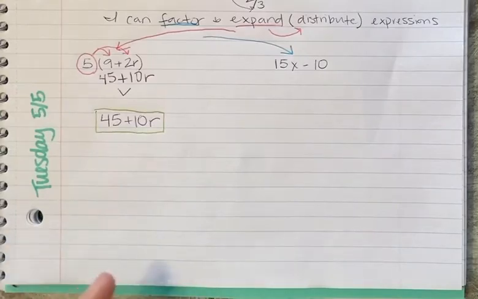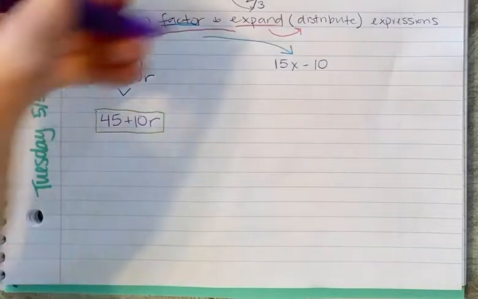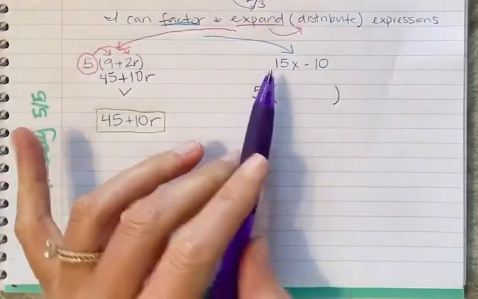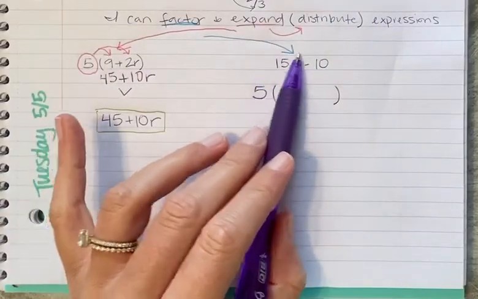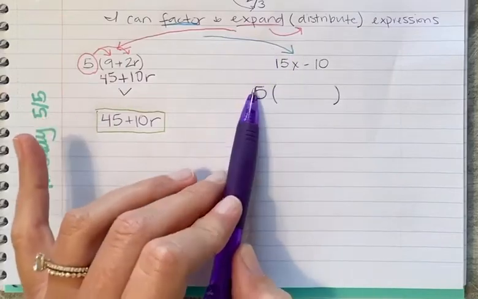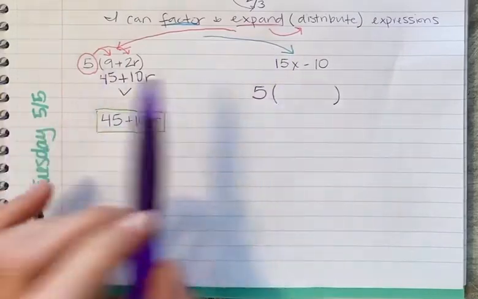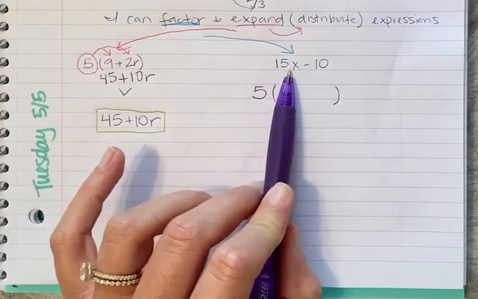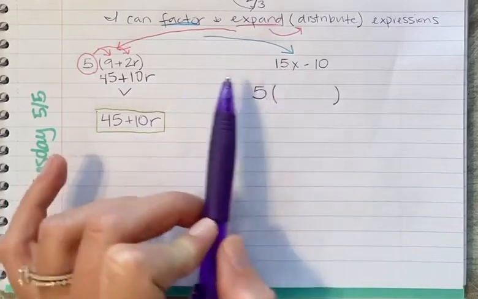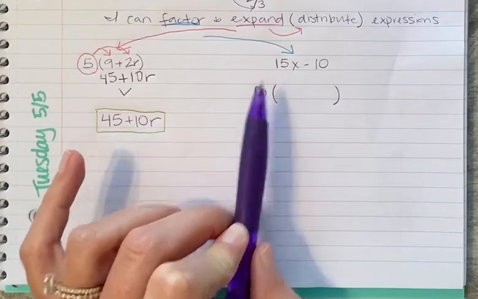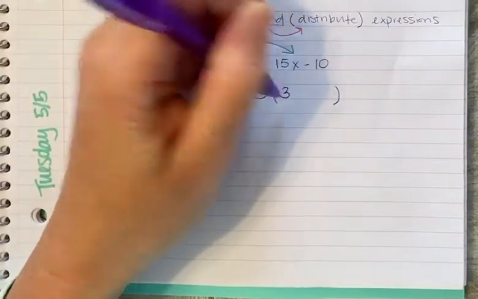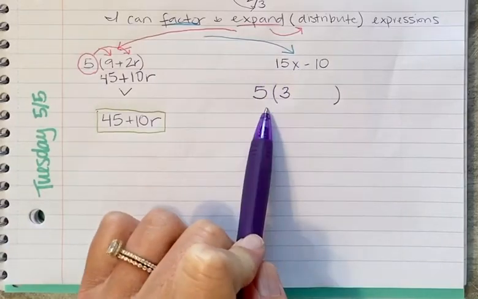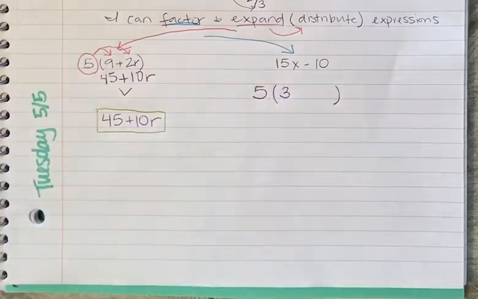So if I were to pull out a group of 5, and by pull out, I mean to divide. So if I divide 15x by 5, what do I get? If that's confusing to you because we have a variable and a number here, think about this number 15. If I have 15 and I divide it by 5, I get 3. Well, 15x isn't all that different. 15x divided by 5 would be 3x.